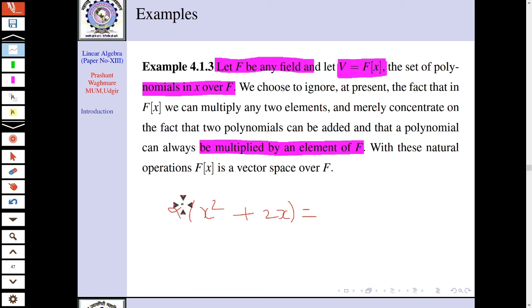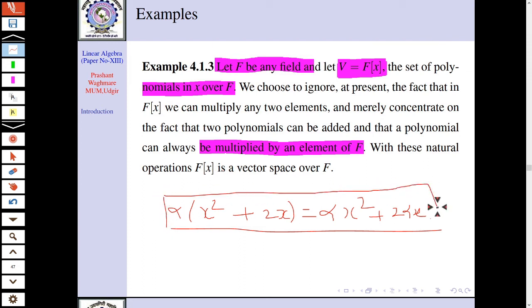Scalar multiplication is nothing but multiplying this alpha with each term, right? See here, alpha x squared plus 2 alpha x. So this is the scalar multiplication defined here. Now with respect to this scalar multiplication, it satisfies all the other axioms of a vector space. That's why V forms a vector space over the field F, right?